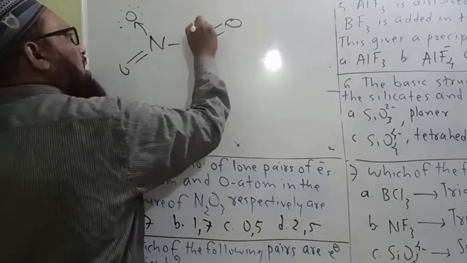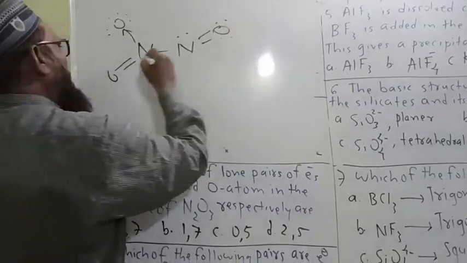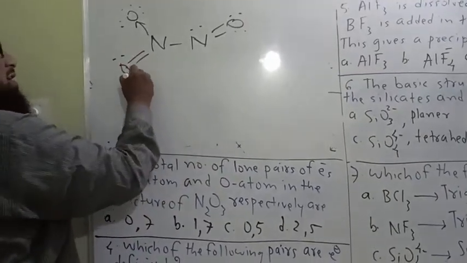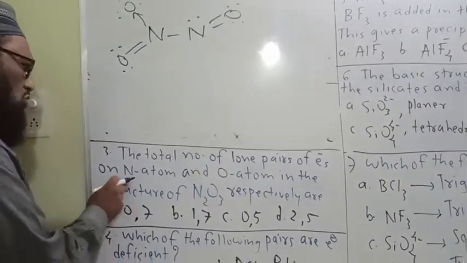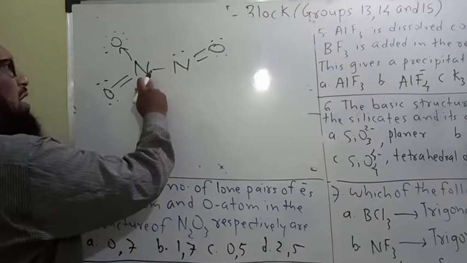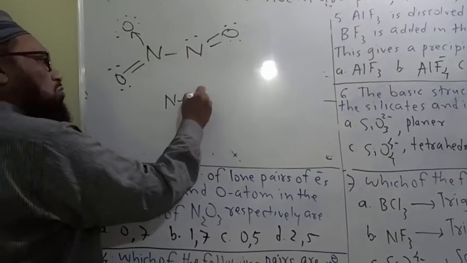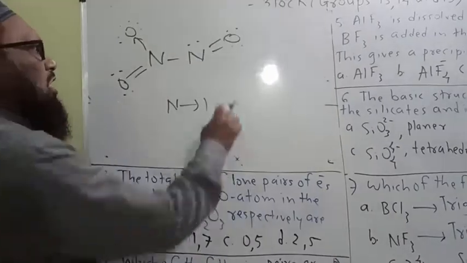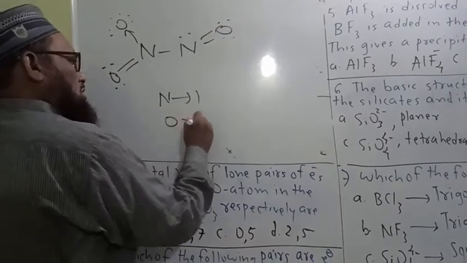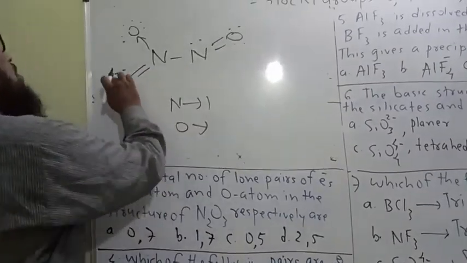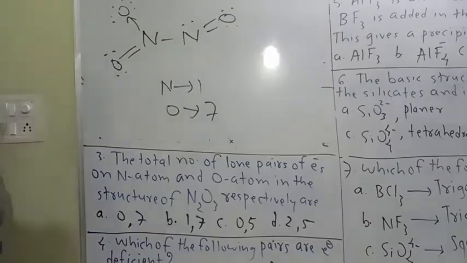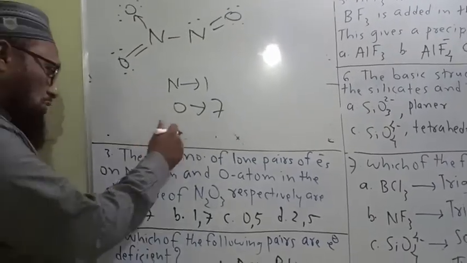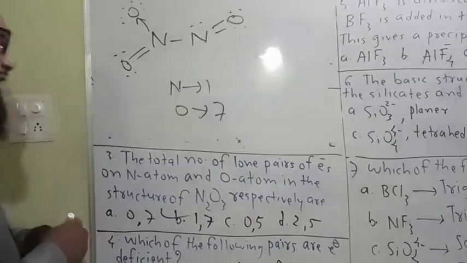Coordinate bond is here, lone pair, to complete octet. See here. First let us see number of lone pair of electrons on nitrogen atom. This one has no lone pair, this nitrogen has 1 lone pair. Oxygen 1, 2, see here 1, 2, 3, 4, 5, 6, 7. Nitrogen has 1 lone pair, oxygen carries 7 lone pairs. Option B is correct one.